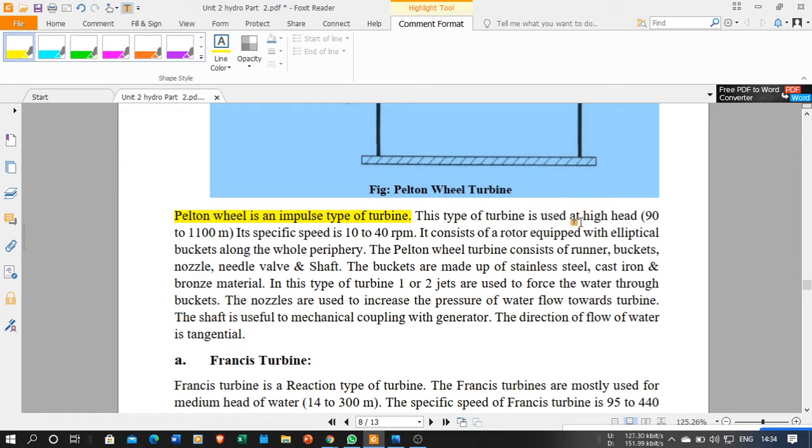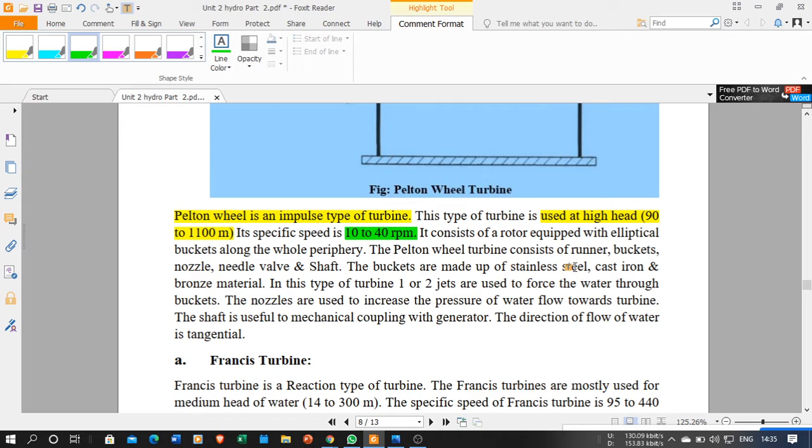This type of turbine is used in high head applications. Basically, it is used for heads from about 19 meters to 1100 meters. Its specific speed is low, running at only 10 to 40 rpm.